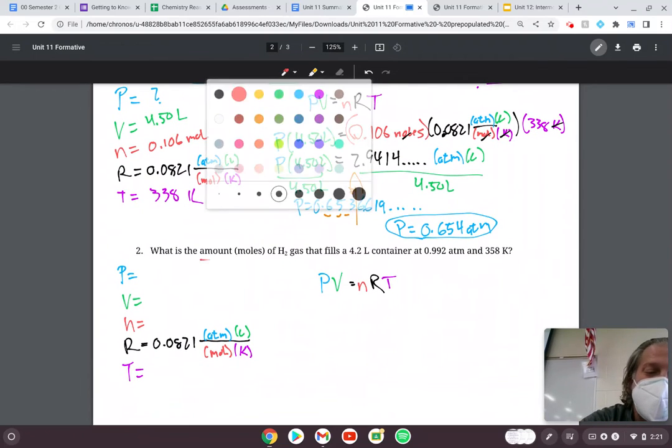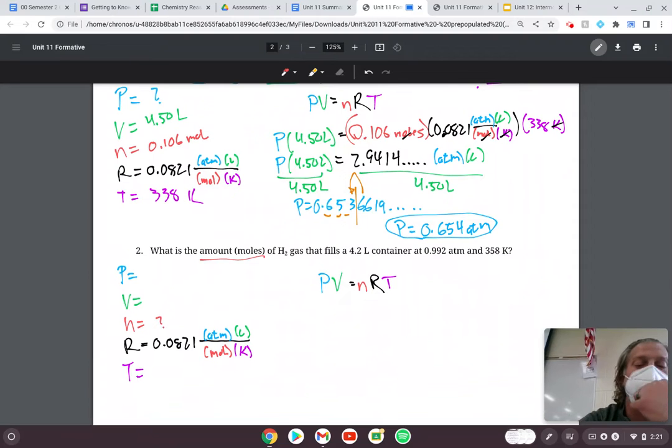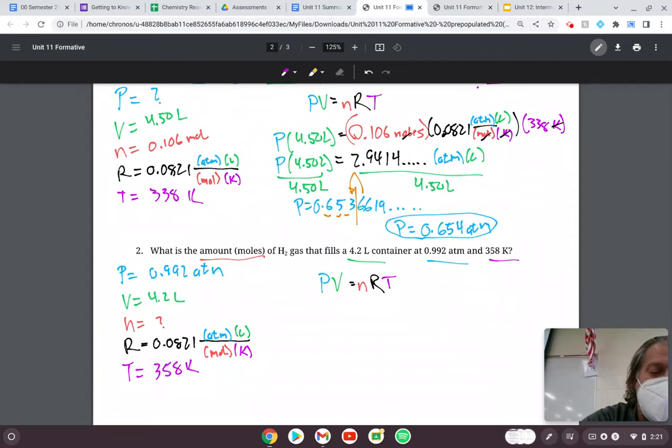In the next problem, it's asking for the amount of moles, so we're solving for n of H2 that fills a 4.2 liter container with a pressure of 0.992 ATM and a temperature of 358 Kelvin.